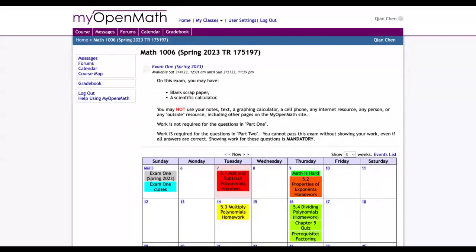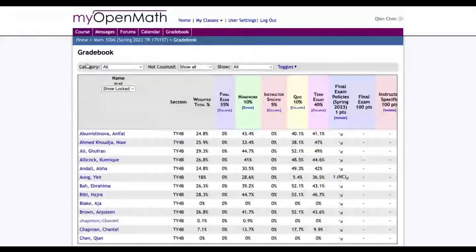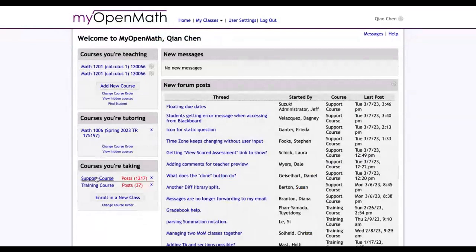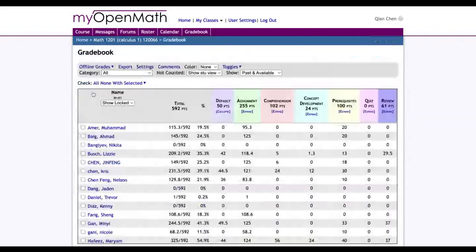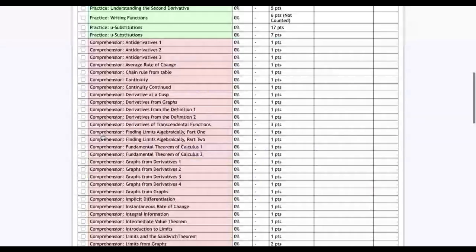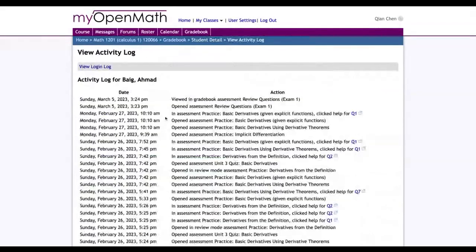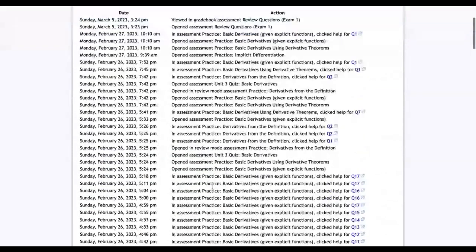The reason I was talking about is the activity log. The department chair sent an email asking instructors to check it. To check the activity log, there's something called activity log. It records where you search for help.